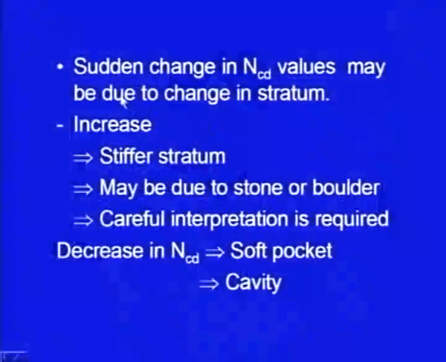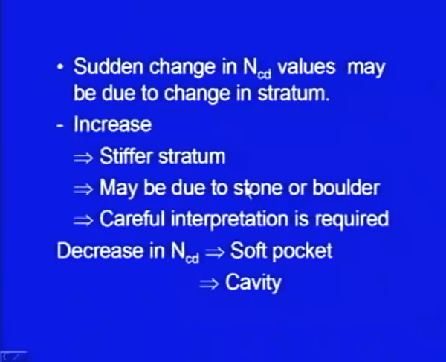Now, if there is a sudden change in the NCD value, it may be due to change in the stratum. If the NCD is increasing, that means there may be a stiffer stratum, but it may sometimes give us a false impression. It may be due to some other local problem also.